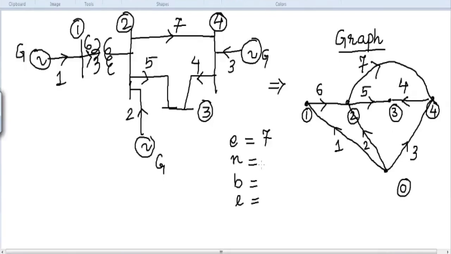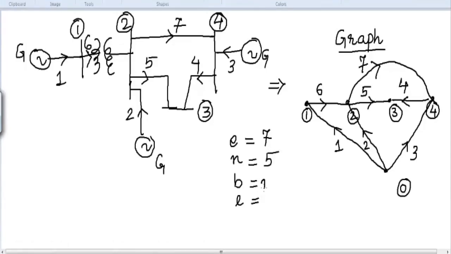What about nodes? How many nodes are there? Total number of nodes. Okay, very good. So total number of nodes is 5.